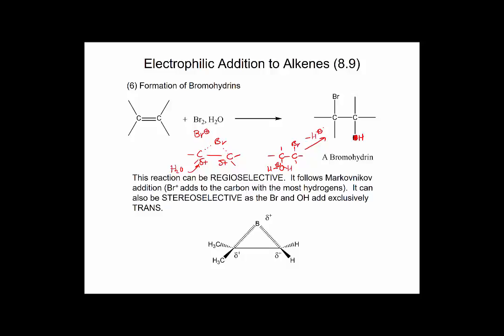And so I end up with this bromonium ion, where there's actually a Br there, and there's no delta plus there.